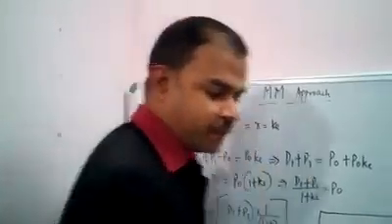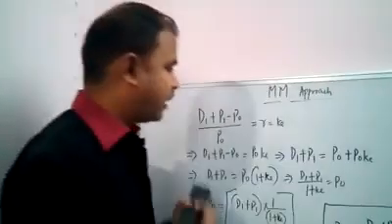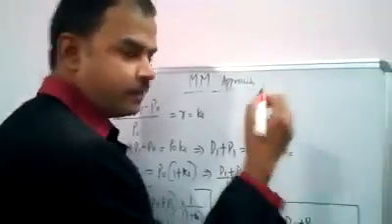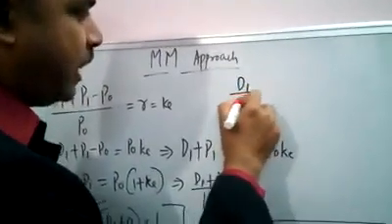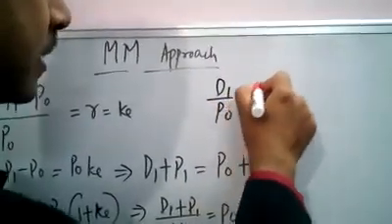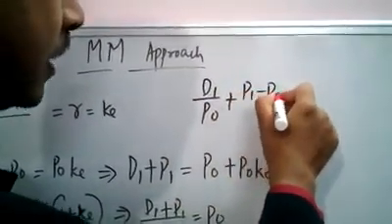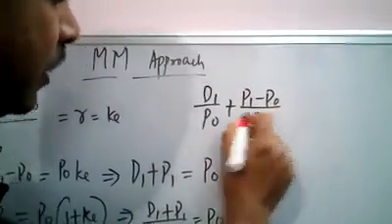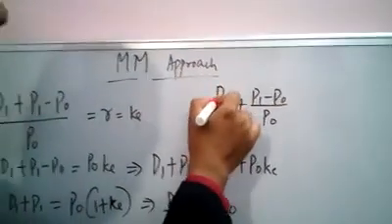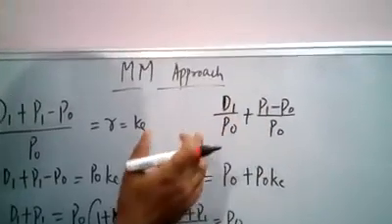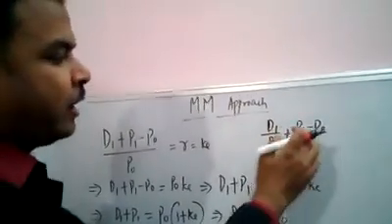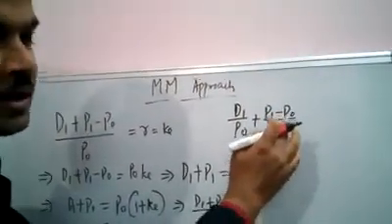If I split this, I can write D1 by P0 plus P1 minus P0 by P0. D1 by P0 is the revenue return, or the percentage of return, you can say dividend yield, and P1 minus P0 by P0 is the capital gains.